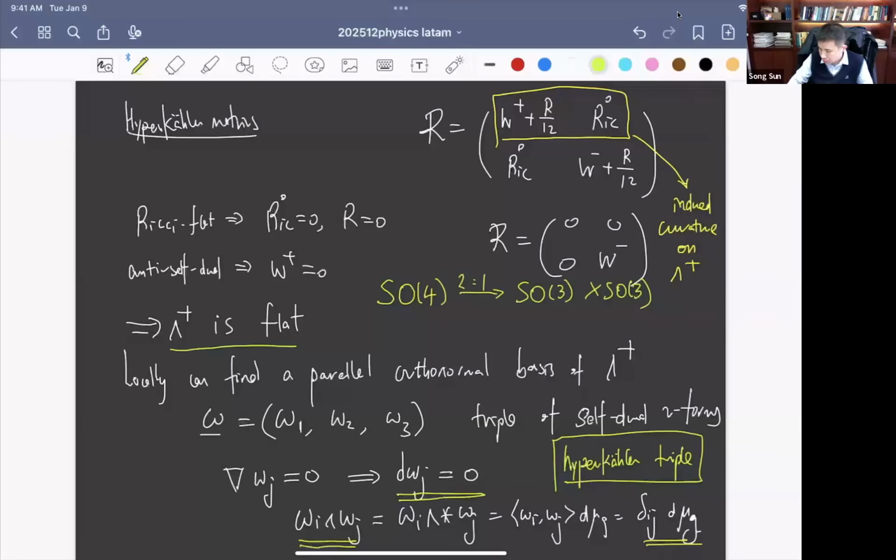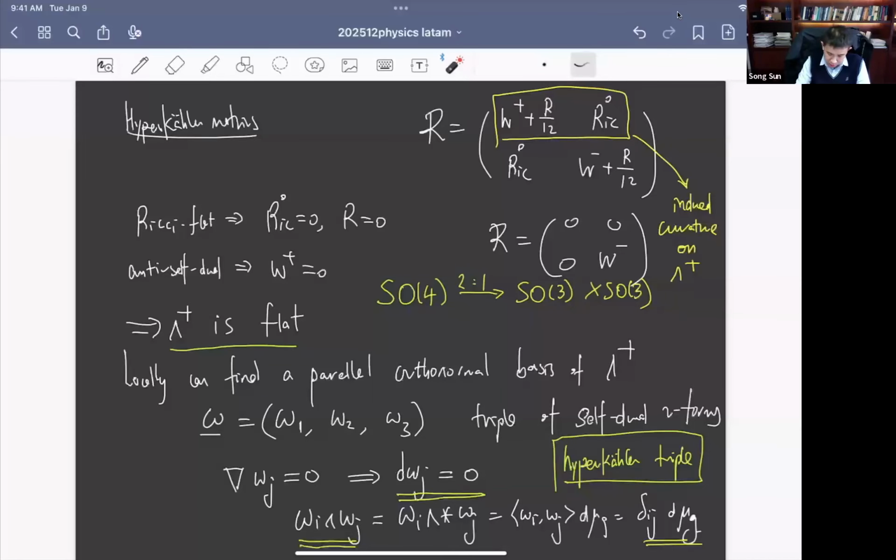For a general four-dimensional Riemannian metric, the holonomy group will always be contained in SO4, right? So it will induce a corresponding parallel transport action. Given a tangent vector, it acts on the tangent space. So it induces the corresponding action on lambda plus and lambda minus.